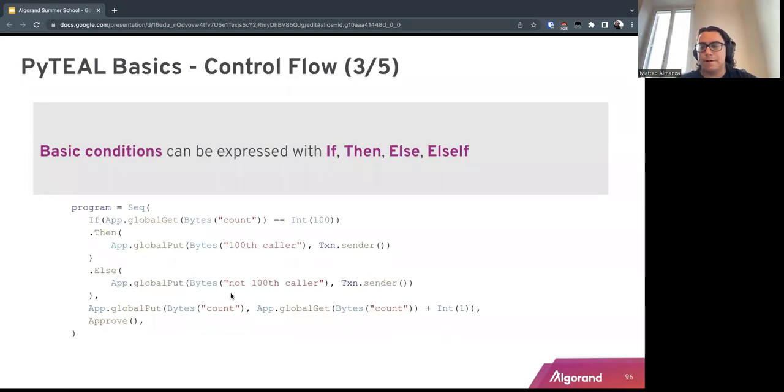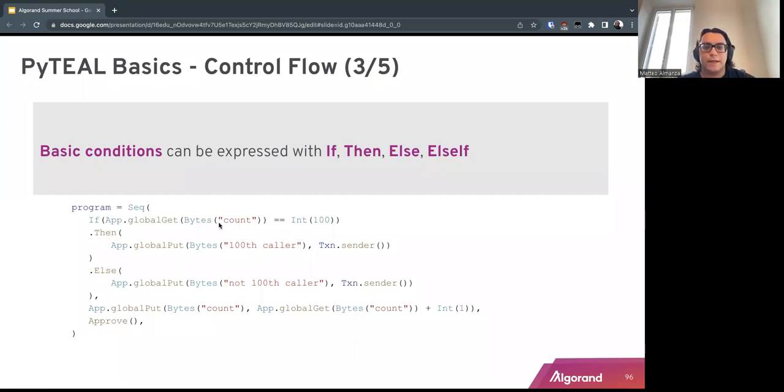Now, as we briefly saw before, you can also perform comparisons, and you can branch based on the result of those comparisons. So you have these if, then, else operations. For example, you can check if the count has reached a specific value, and then define two different branches that will happen if the condition was satisfied or not.